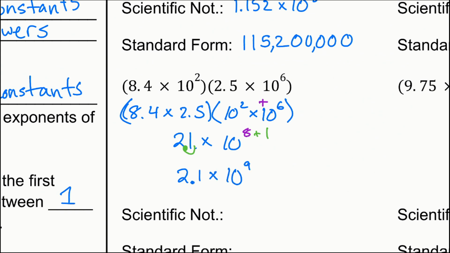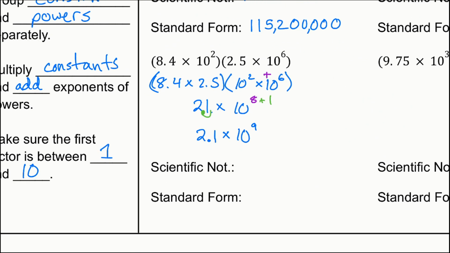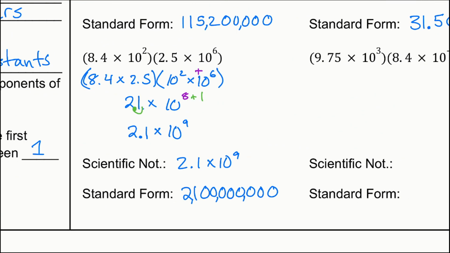That extra little step is a little bit confusing, but it is correct. So this is 2.1 times 10 to the ninth. And in standard form, this would be 2.1 with 6, 7, 8 zeros. All right? That's the first one.